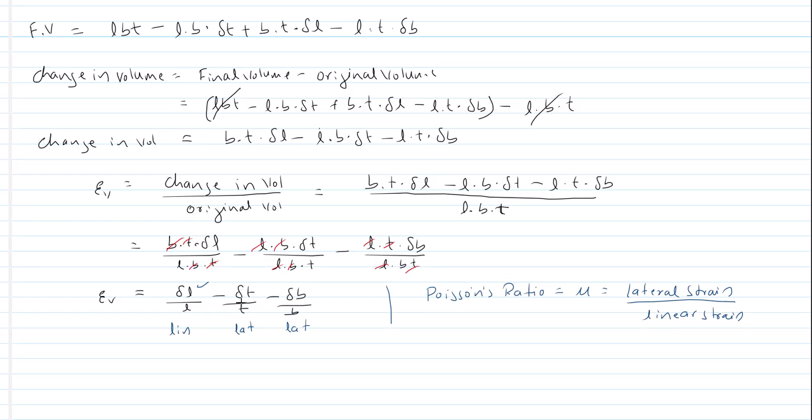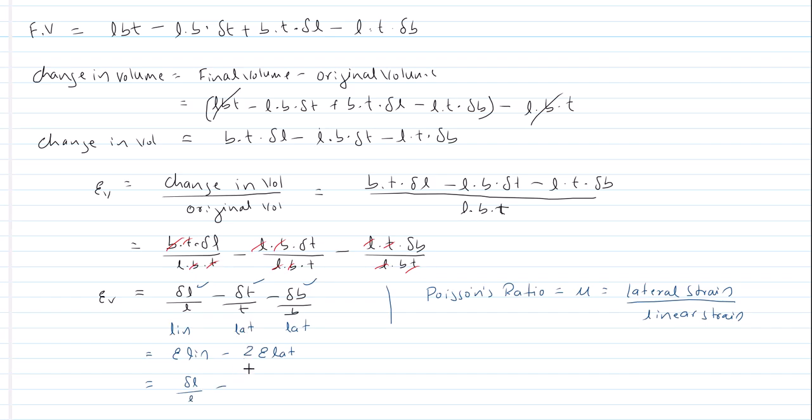So now what I can write here: strain in the linear direction minus 2 times the strain in the lateral direction. This is one term and this is another term; these are the two terms which are in the lateral direction. So I can write the linear direction as delta L by L as it is.